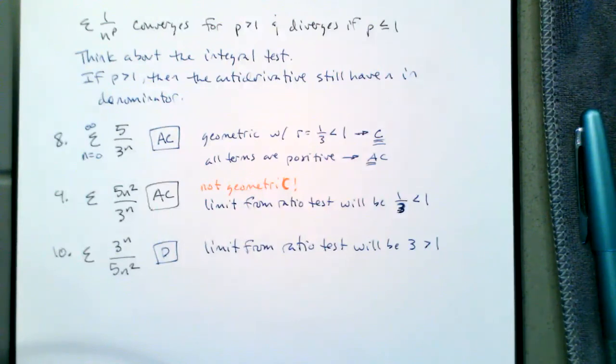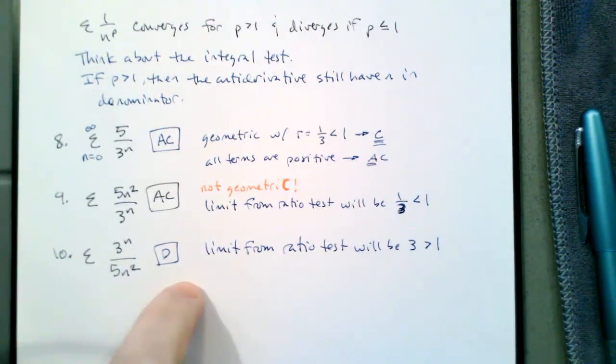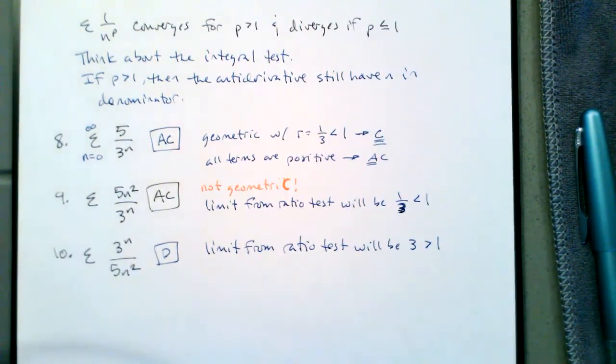So what we're doing is not actually running the ratio test, we're seeing what will happen. In the ratio test, the ratio test will ignore anything that's polynomial, like this 5n squared. And so we're just going to be looking at the limit as n goes to infinity of 3 to the n plus 1 over 3 to the n. The 3 to the n cancels out and leaves behind a 3.